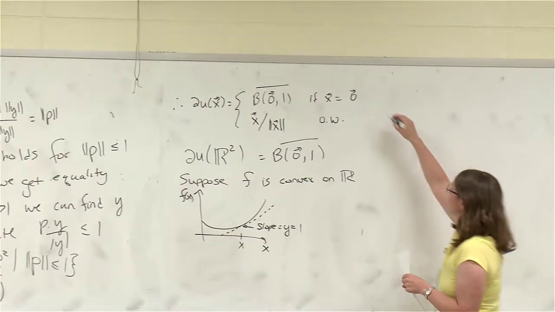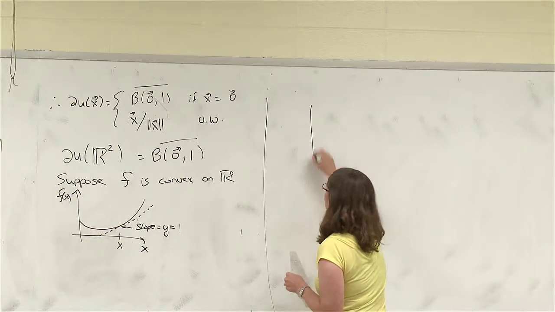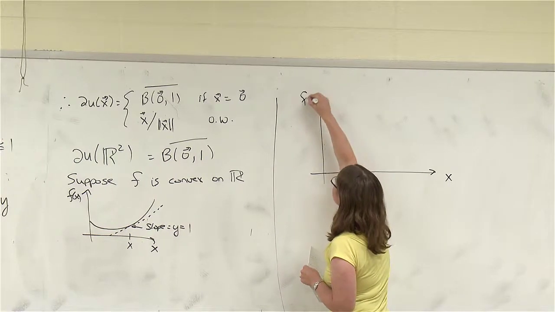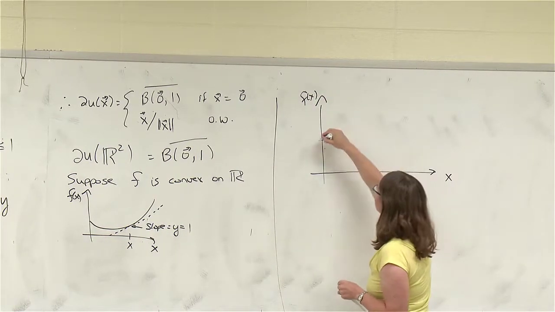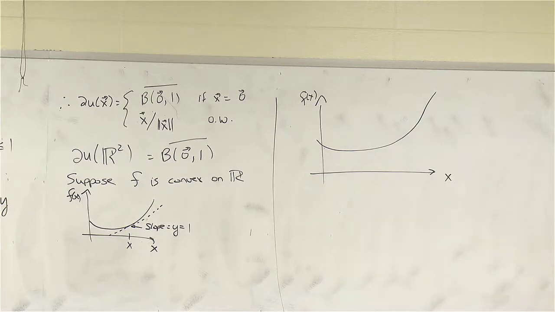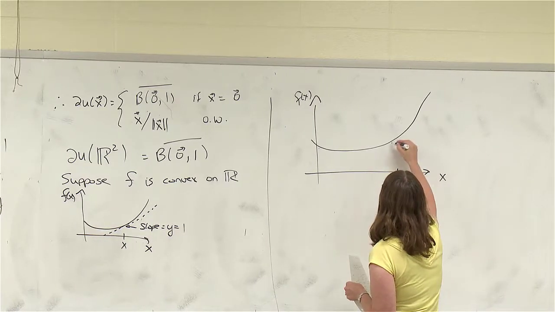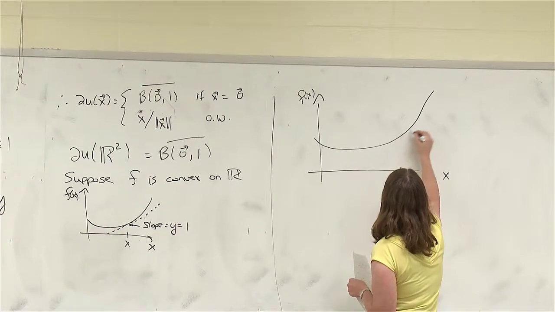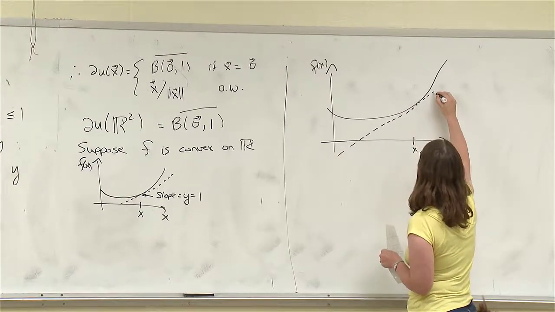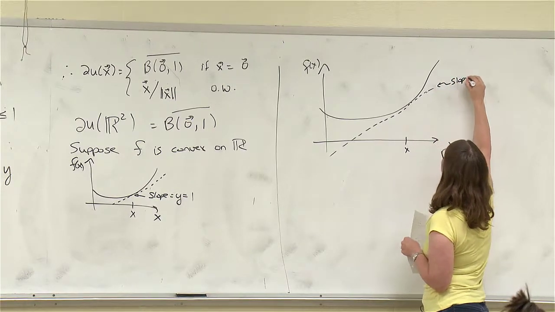Okay, so let's just draw a little picture of what's going on here. Here's my x. This is going to be my f of x again. Here's my convex function, whatever it is. I'm at some point x, or correspondingly, there's a slope y here. So here the slope of this is equal to y.